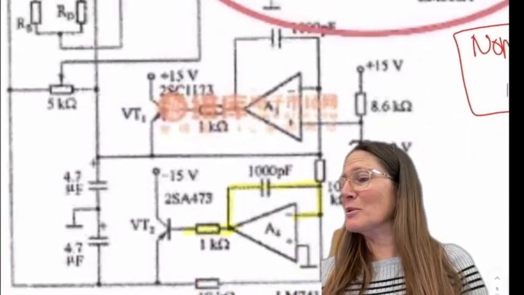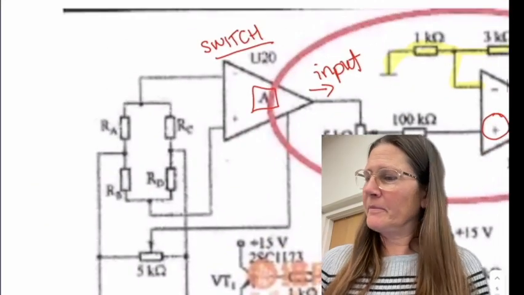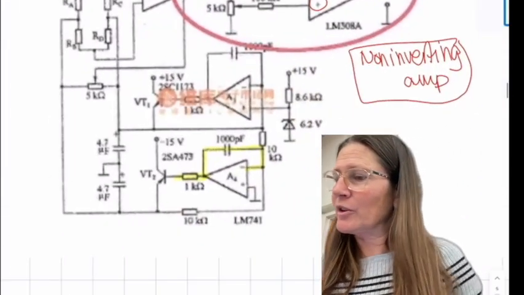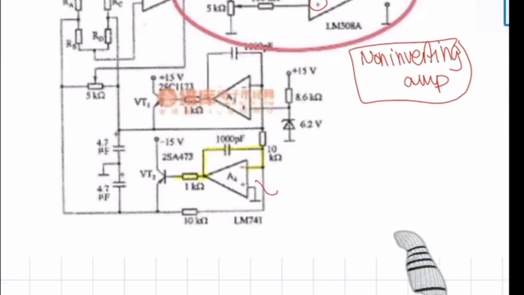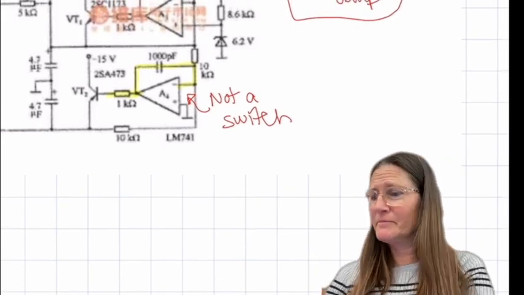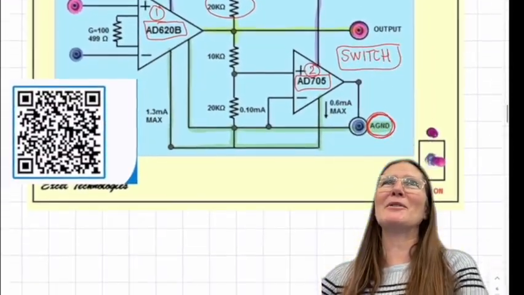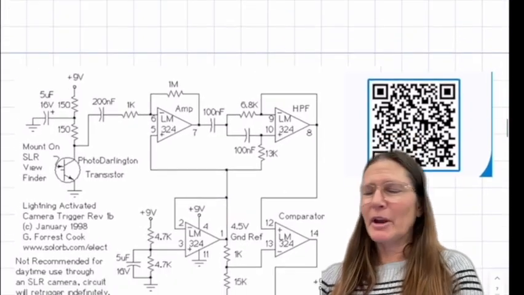I won't ask you that one without the capacitors. So not a switch there. It does have feedback, but you just don't know what it is because there's a capacitor in there. Okay.